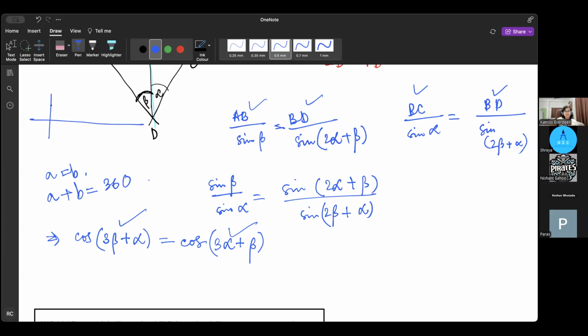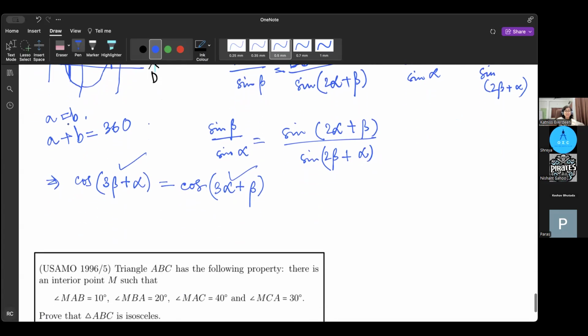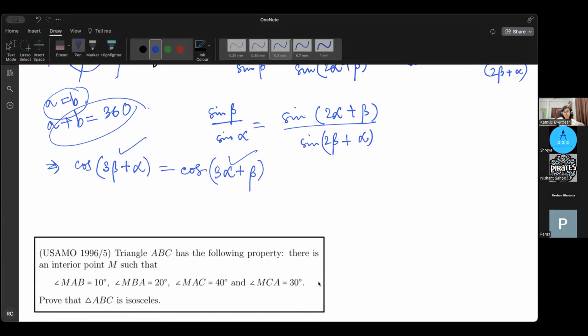It starts from 1, right? So one condition is that it can be equal in this way, and the other is that it can be equal in this way. So either these two are equal or their sum is 360. That's basically the cos thing.